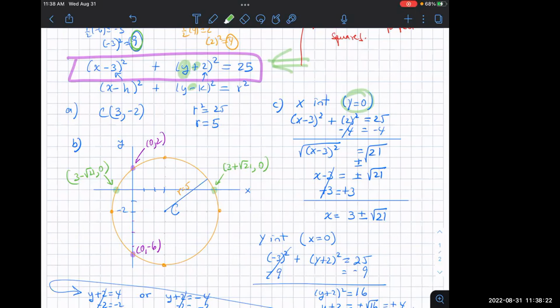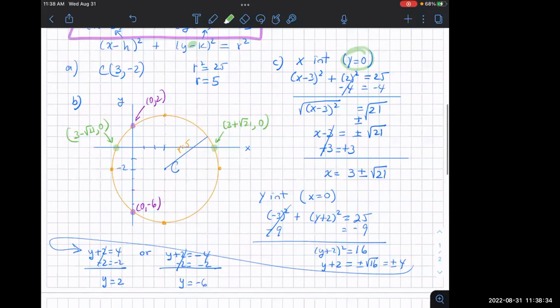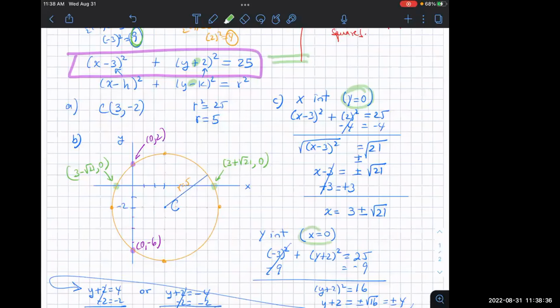So 0 plus 2 just gives you a 2. Oh, okay. And the same thing happened for the y-intercept. X equals 0, so this becomes 0, and 0 minus 3 is negative 3. And then the rest I just copied. Okay, that makes sense.